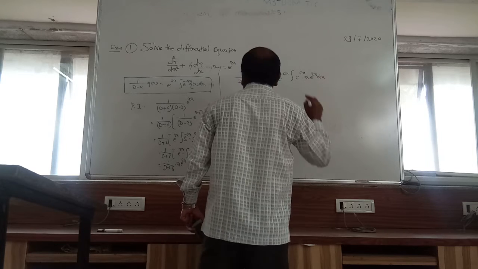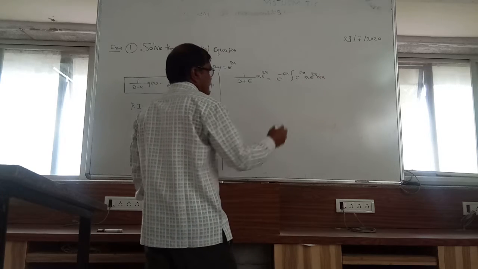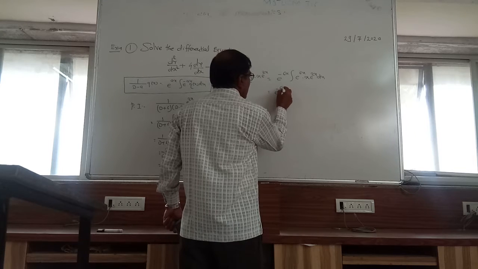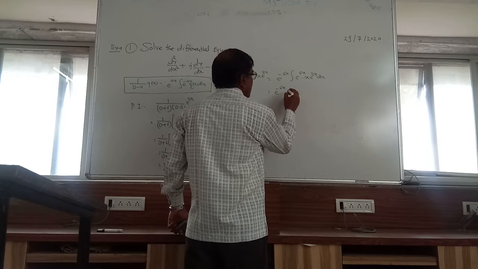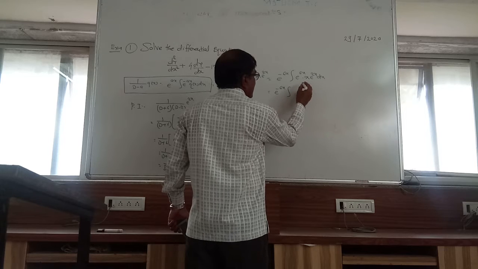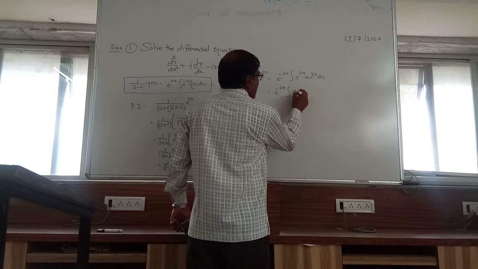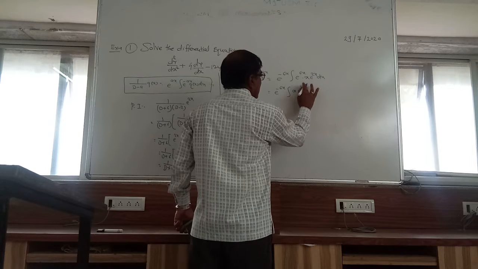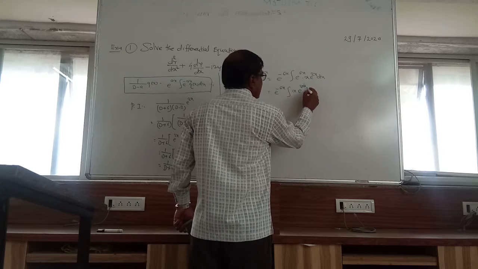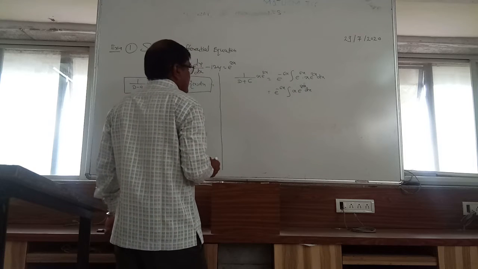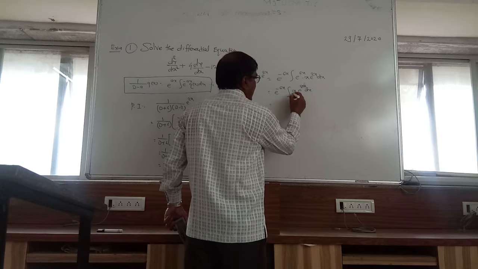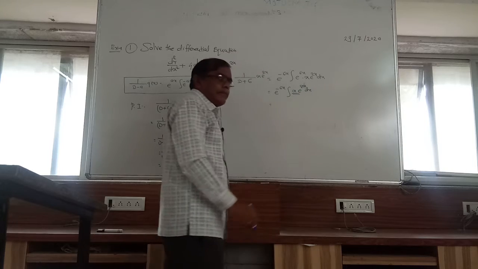That equals e raised to minus 6x times the integration of x into e raised to 8x dx, by the laws of indices. So we apply integration by parts.